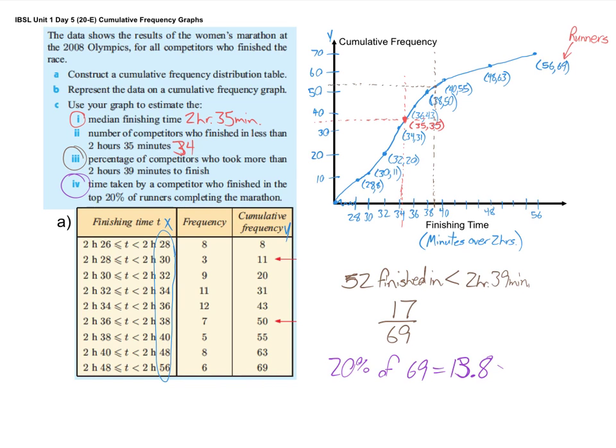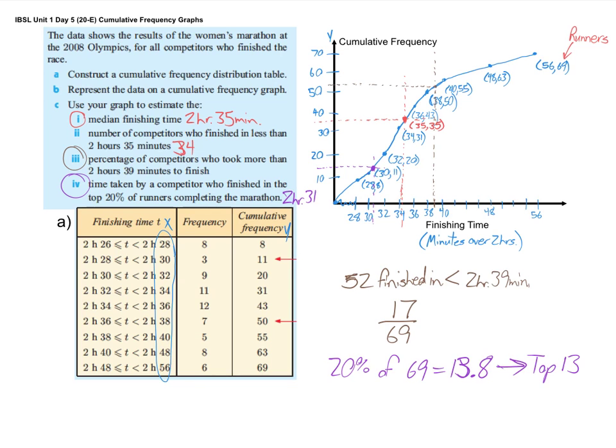So in other words, this means your top 13. Which doesn't mean the top of the graph, because those are the slow people, right? So it's the very first 13 people. So you come over here, where are these 13? Okay. They'd be at approximately 2 hours 31 minutes. Okay, because here's 30:11, so approximately 2 hours and 31 minutes.